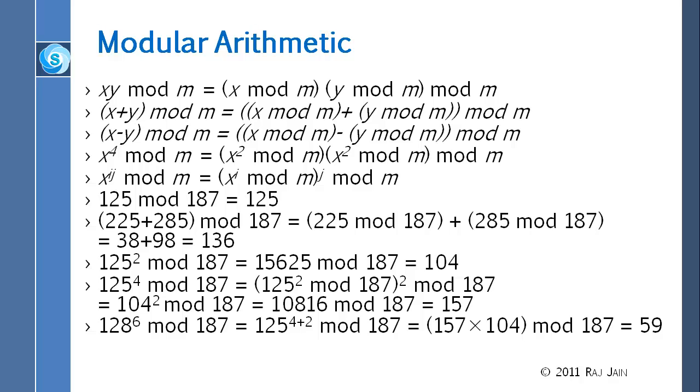so let's just see. The set of all integers is Z. So when we have minus infinity to plus infinity, every integer including 0, that we call Z. When we say Z sub n, we mean the set of all non-negative integers less than n, which means 0 through n minus 1.